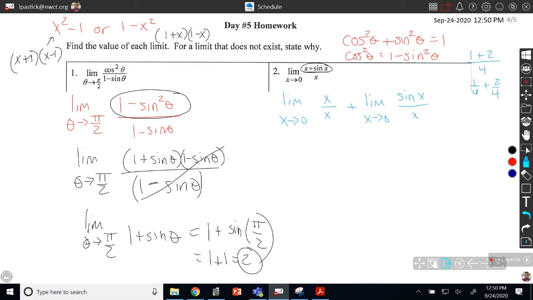That's basically what we just did. So this is actually kind of nice because if I look at the first part here, we know that that's just 1. And then we also have this guy right here, which is one of our identities that we just talked about in the notes for section 5. We know that the limit as x approaches 0 of the sine of something over that same something is also 1.